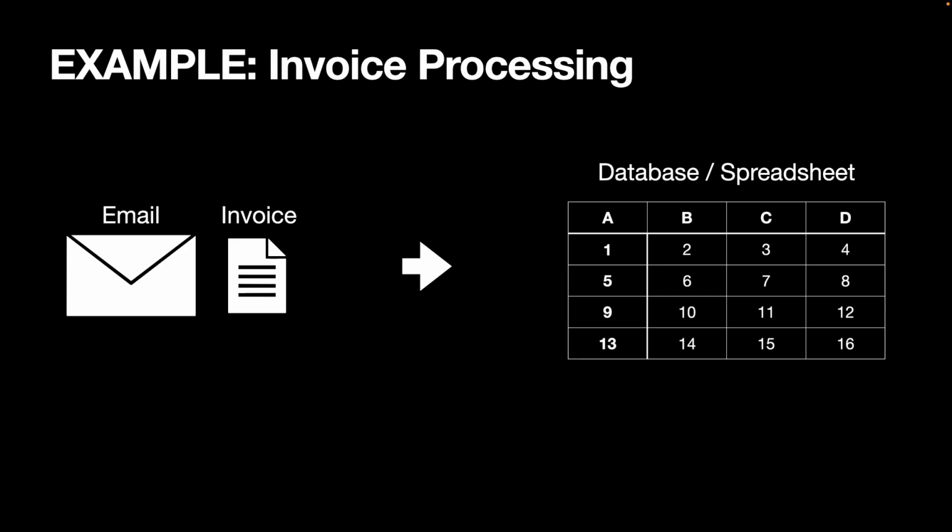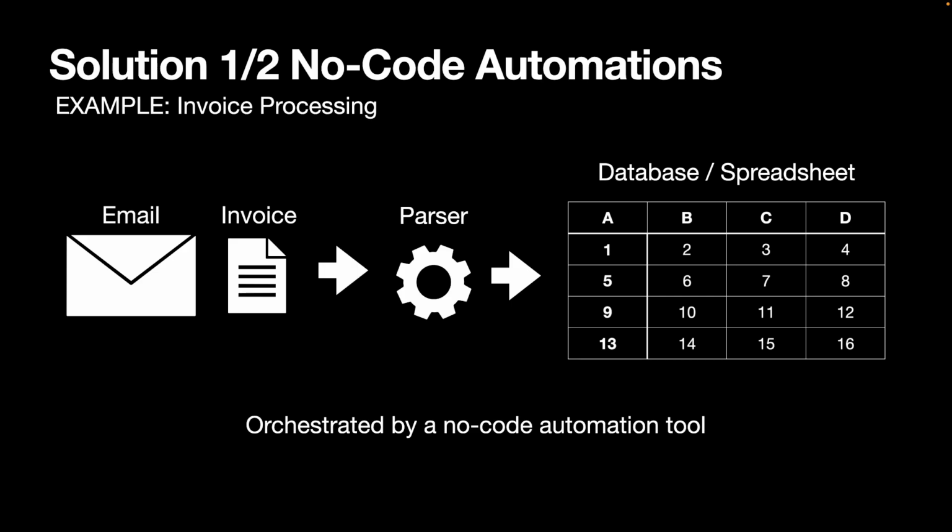Take a look at this example. So like I said earlier, maybe we're receiving invoices via our email, and we want to populate that invoice information into a database or a spreadsheet. Now, if we were to approach this with solution number one, the no-code automations, we might be actually watching our email via some sort of parser orchestrated with something like Zapier.